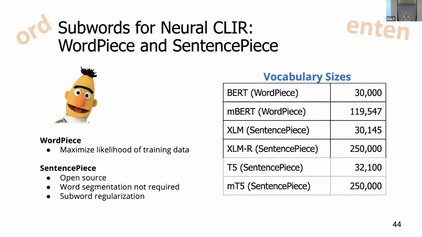Because I'm from vision and I read papers that use BPE, first of all, is there a consensus on this? The question is, is there a consensus on how to do this? The answer is yes: word piece and sentence piece.